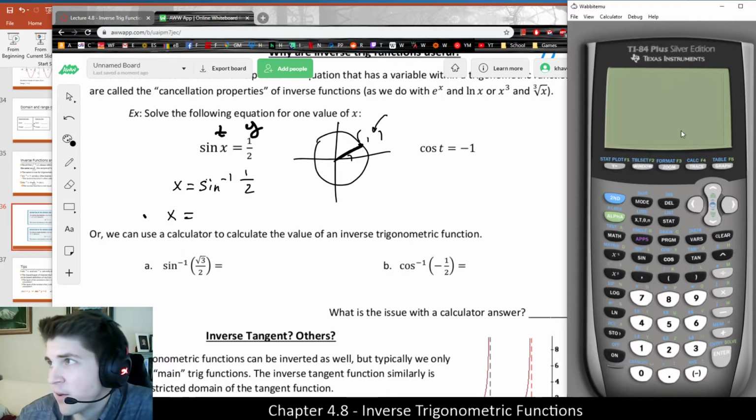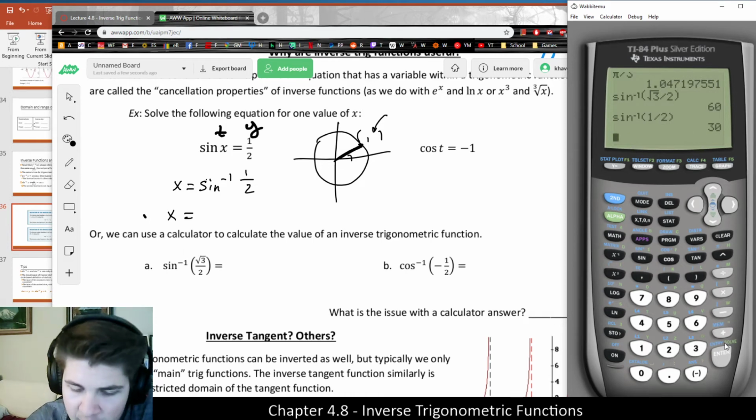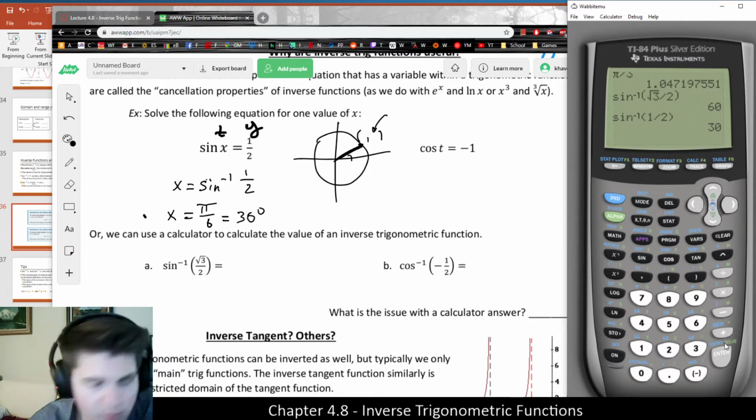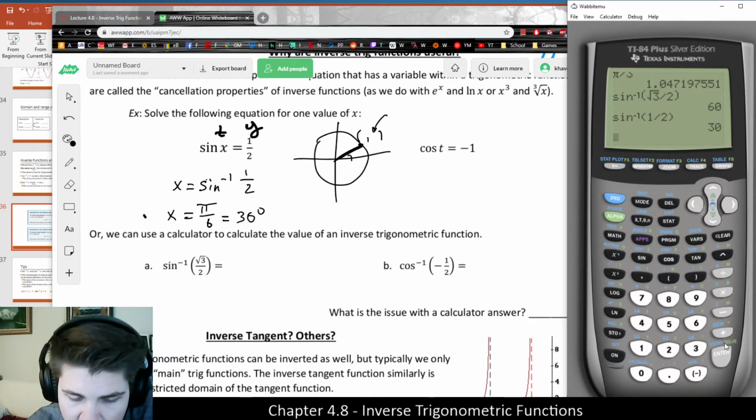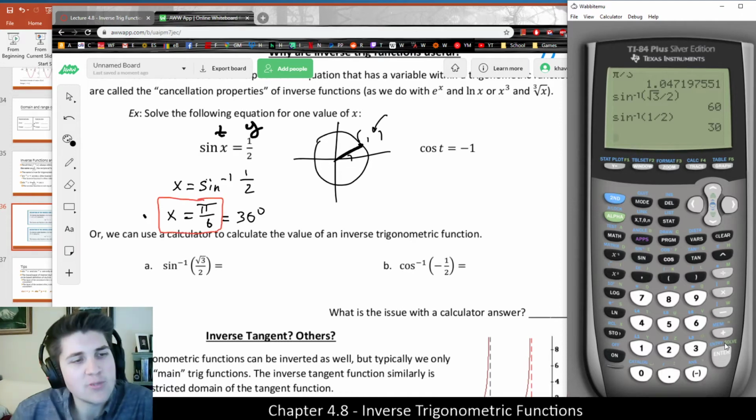Or I could use a calculator to figure this out, because your calculator can do any inverse trig function, assuming you're within the domain. And it would give me 30 degrees or pi over 6. Again, as I said before, you could answer in either way. Typically, when you're solving an equation, you want to answer in radian mode because it does not tell you to answer in degrees.